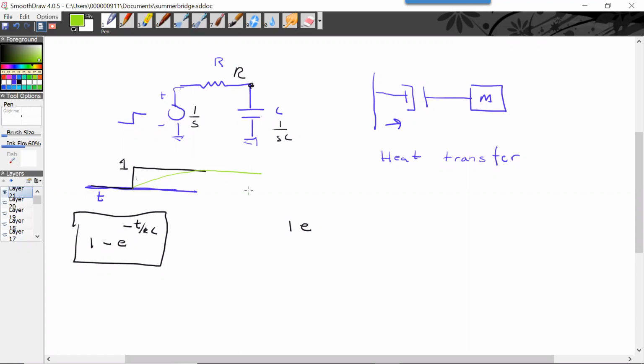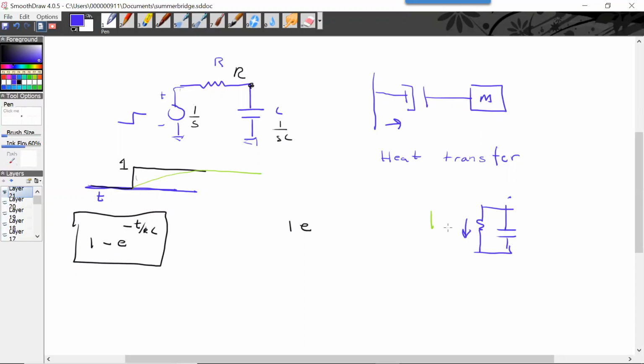But to show you why we use the Laplace transform, I'll show you the differential equation method. All right. Let's say I have this capacitance and it's charged up, right?